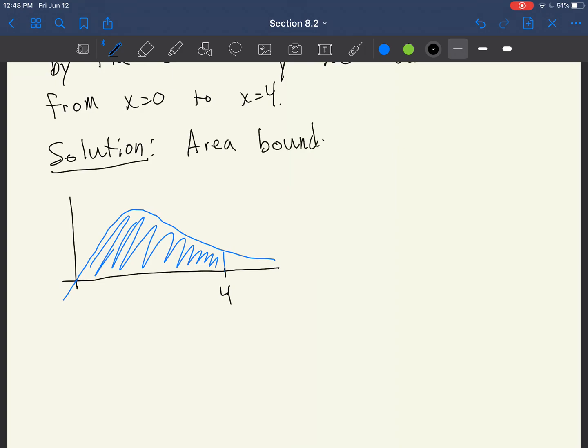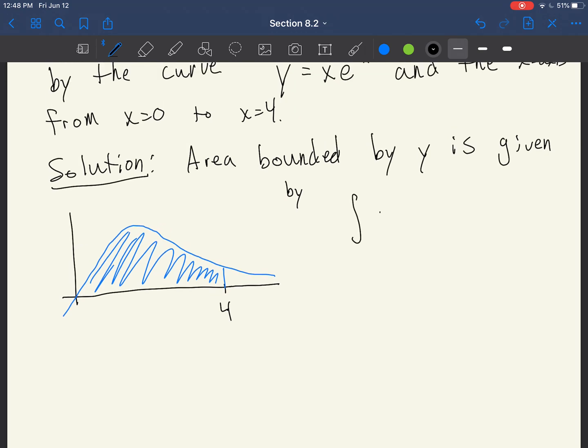So the area bounded by y is given by, we know that the area under a curve is just the integral. That's going to be the integral of y, which is x e to the negative x dx. And we only want to go from x equals 0 to x equals 4. So that's the integral from 0 to 4.